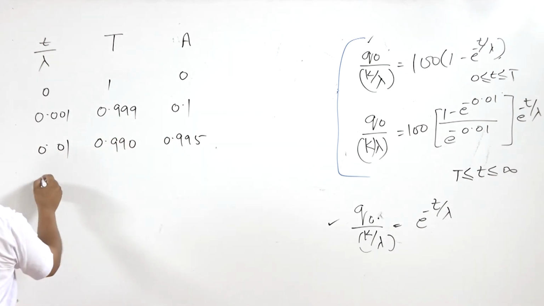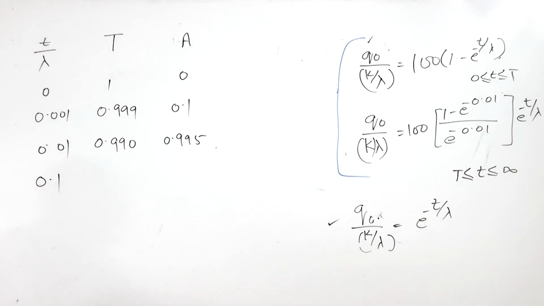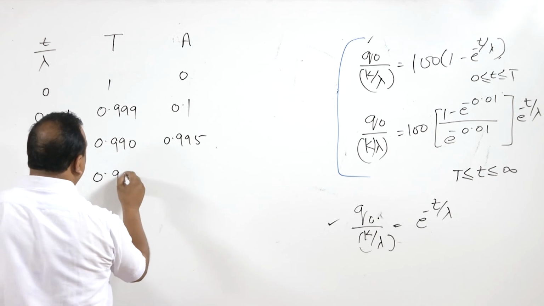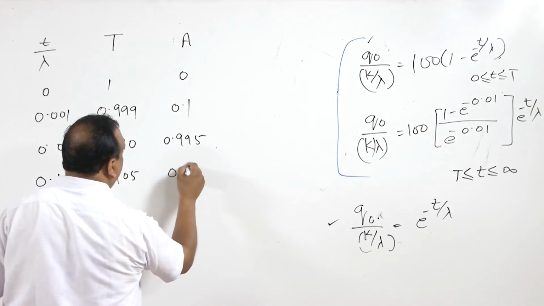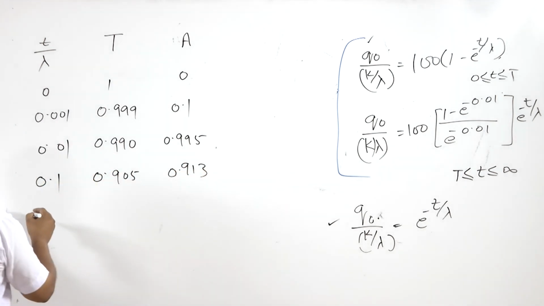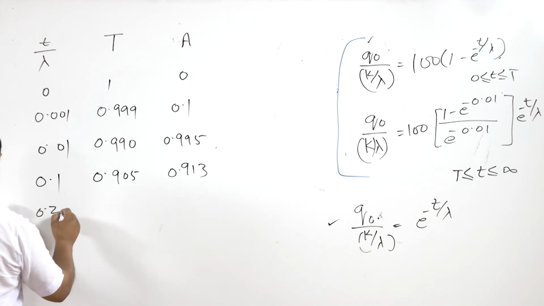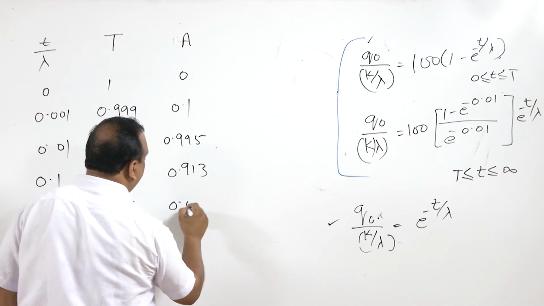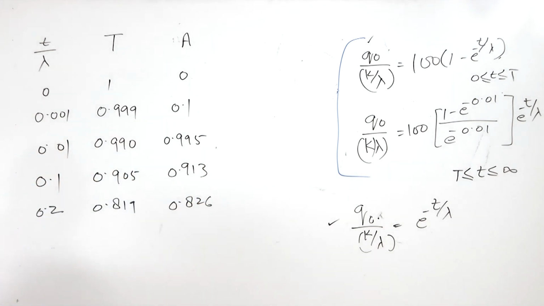Again, if we take 0.1, then for 0.1 it is 0.905, 0.913. Now we can continue to have 0.2, 0.819 and 0.826, right.